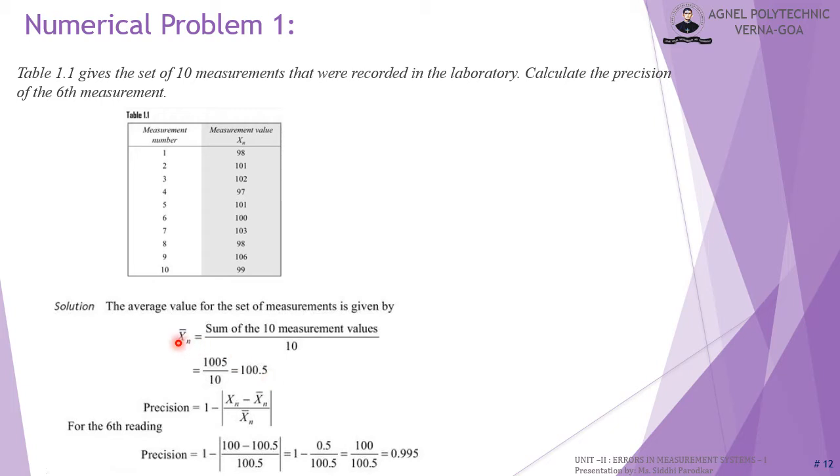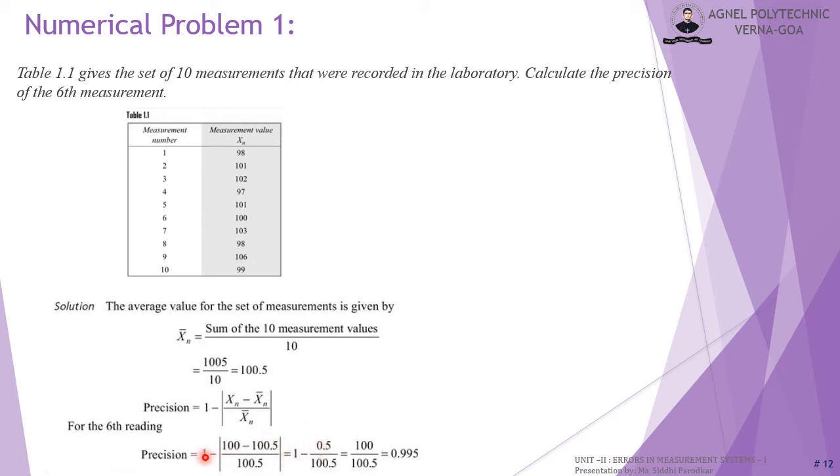So substitute xn bar, that is the average value, as 100.5 and xn as 100 in this equation. So we get precision is equal to 1 minus absolute value of 100 minus 100.5 upon 100.5. The difference in the numerator will be minus 0.5. But since we are taking the absolute value, we write it as 0.5.